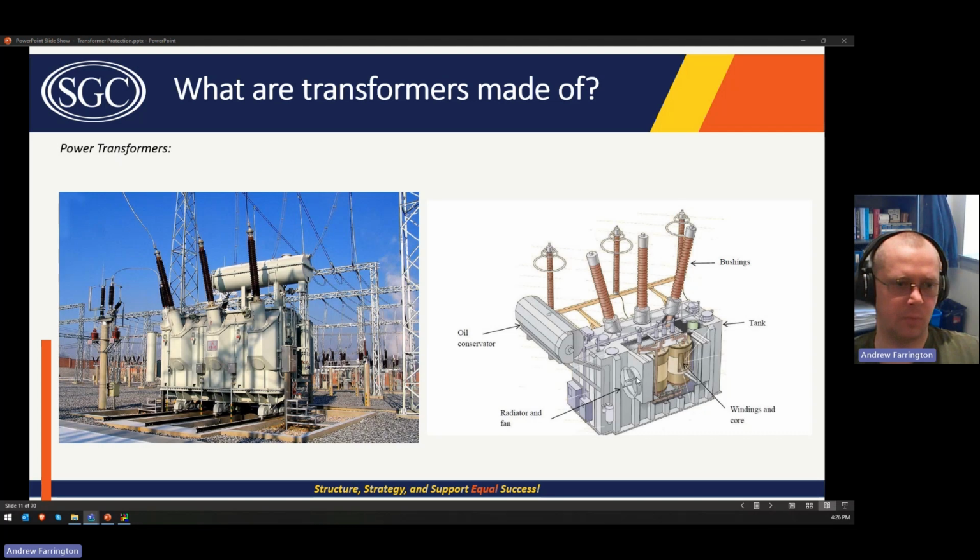So whether it be fans are the most common. They'll have radiators that allow the oil to circulate through there and dissipate the heat off into the atmosphere. And then you'll have fans that'll help cool down the oil. And then there's also forced oil, where they actually pump the oil around through the radiators and the fans.